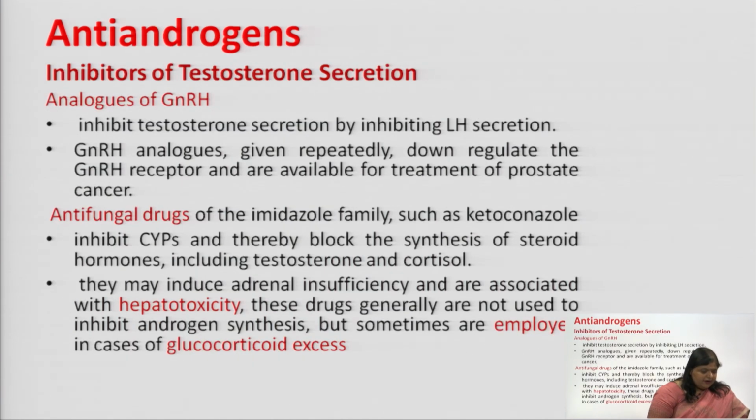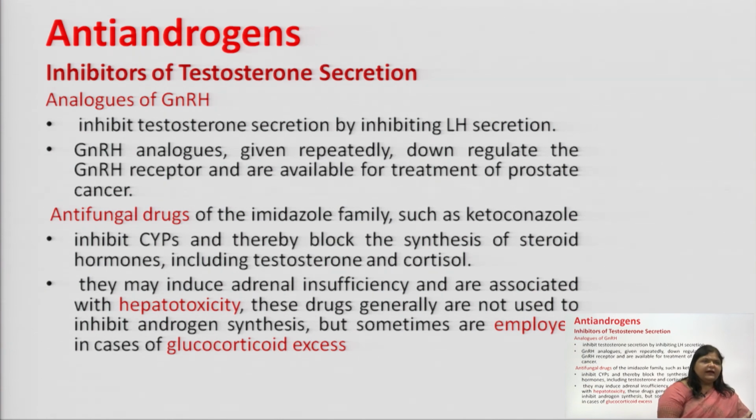These anti-androgens are inhibitors of testosterone secretion. They can be analogues of gonadotropin releasing hormone, where these drugs inhibit testosterone secretion by inhibiting the luteinizing hormone secretion, or they downregulate the receptors.